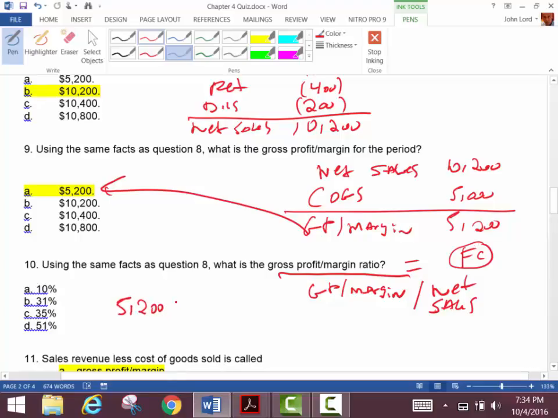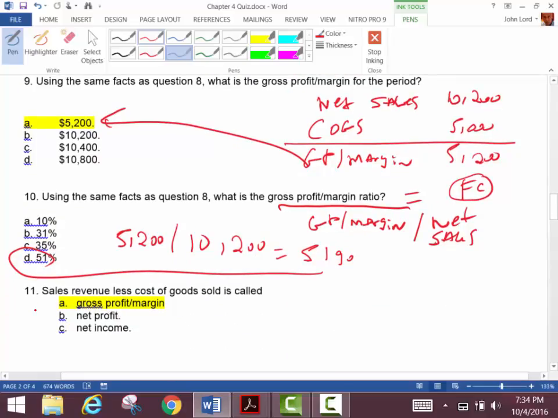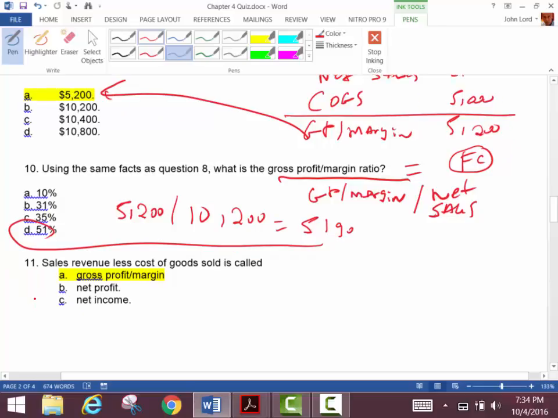And what's my net sales? 10,200. And that gives me what? Close to 51%. Okay, close enough. 51%. Again, one of these things that you just got to make a flashcard out of, guys.